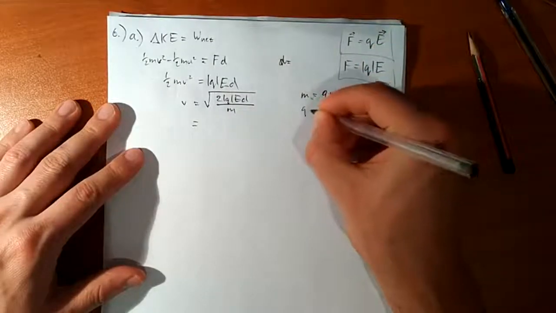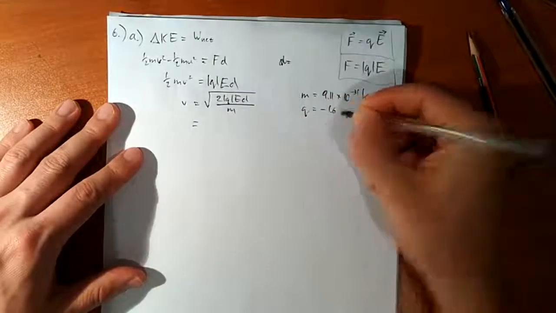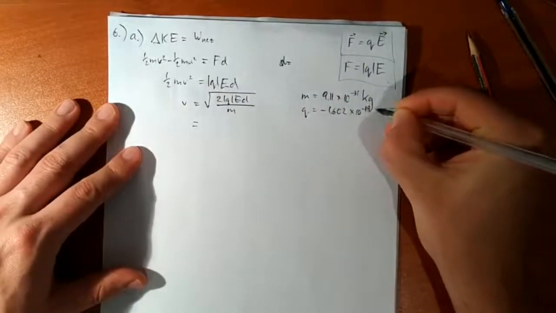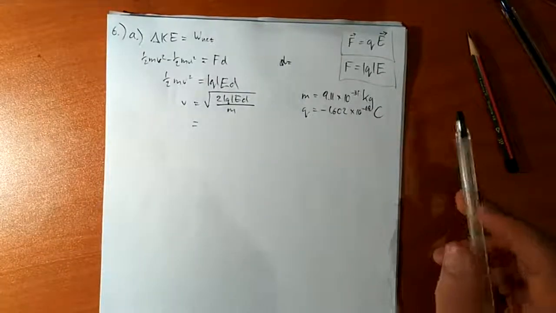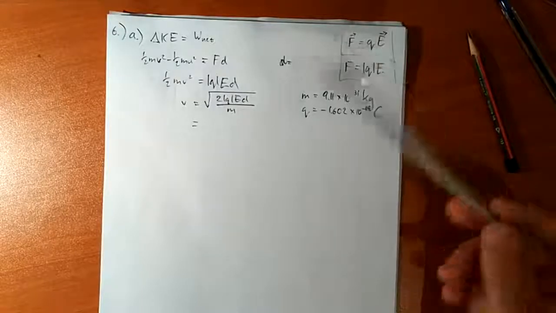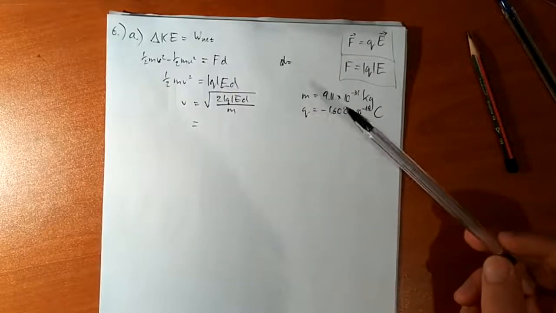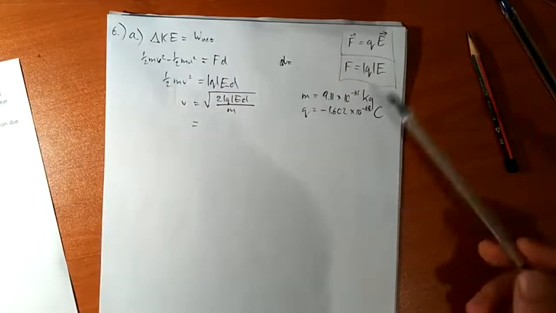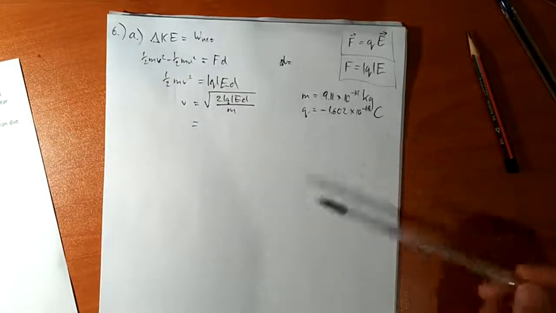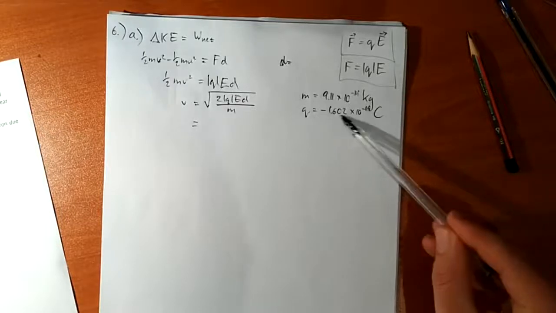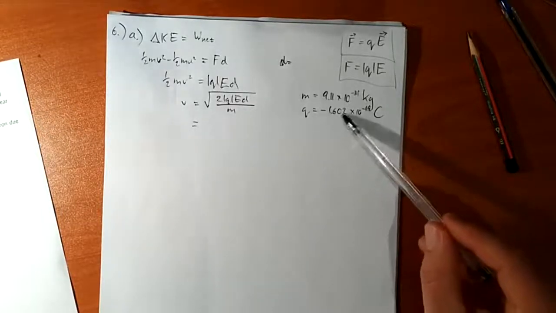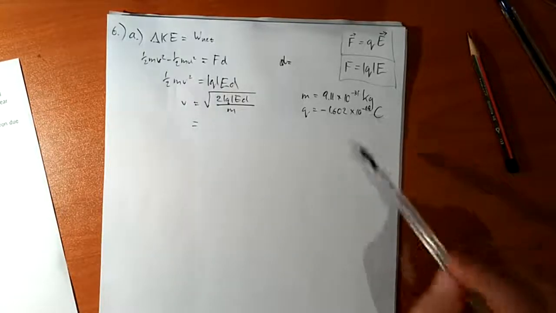Charge is minus 1.602 times 10 to the minus 19 coulombs, or you could just have written 1.6, but this is a question where the electric field strength and the distance between the plates are both given to 3 significant figures, so I'd rather use more than 3 than less than 3 significant figures, so I'll opt for this one instead of just 1.6 times 10 to the minus 19.